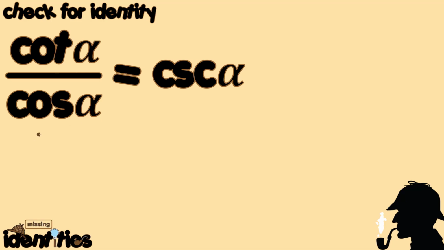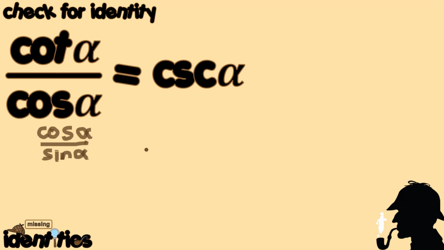Our denominator will still be cosine alpha. Now from here, we are going to make sure this is equal to our right-hand side, which is cosecant alpha, because our goal is to come up with an equality as we move from step to step. So we need to make sure that this is equal.